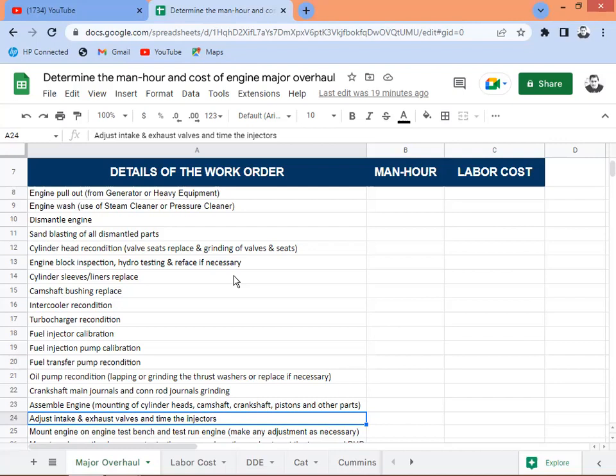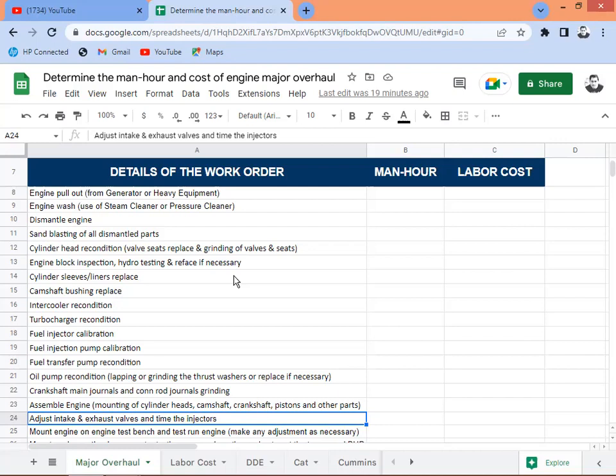It is spring loaded, and there's a cam follower which is pressing the injectors for injecting the fuel for combustion. So what you need to do is time the injectors. This is for Detroit diesel engines.